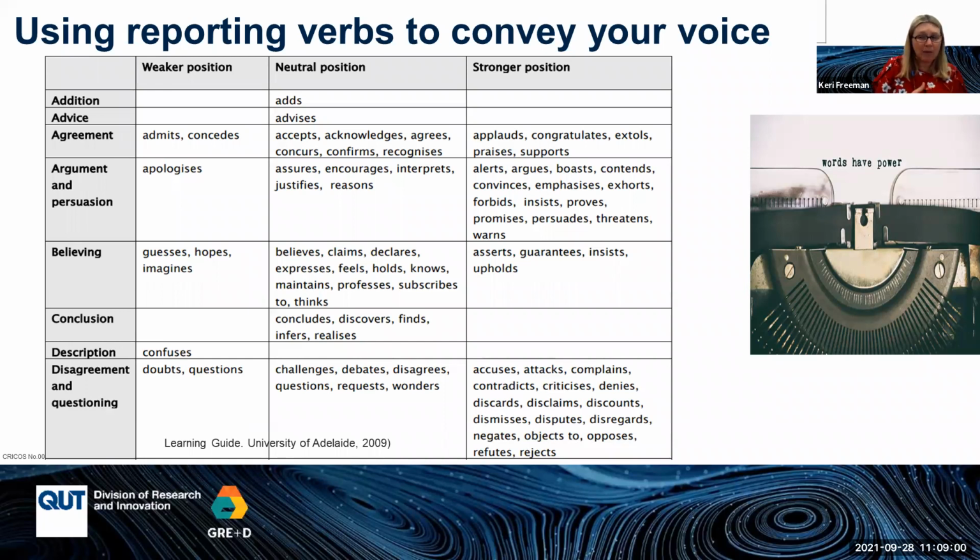If you're talking about a study that you think hasn't yielded very good findings, then you would go with the weaker position. And if you're just saying this is the way it is, if you're giving a definition maybe, but you're citing someone, then you can go with the neutral.